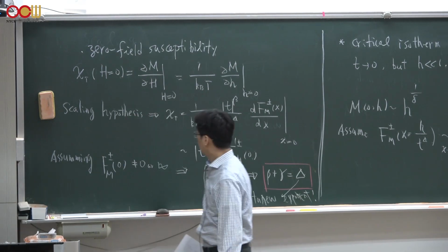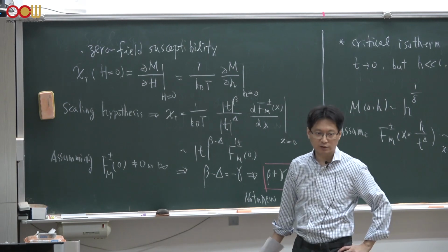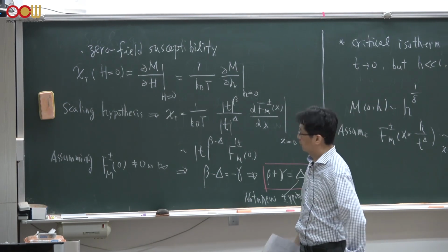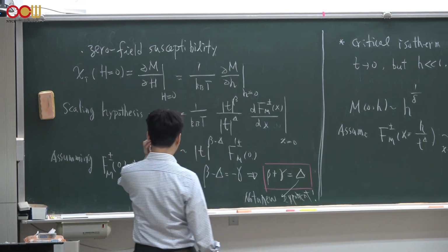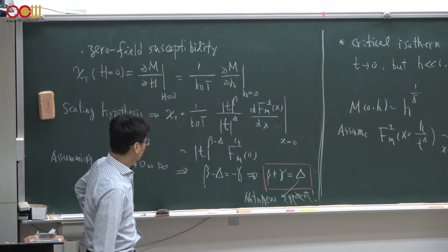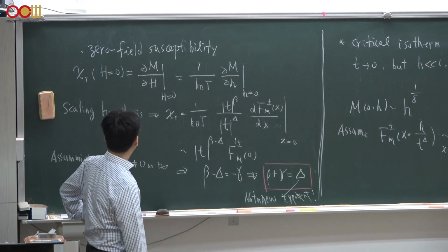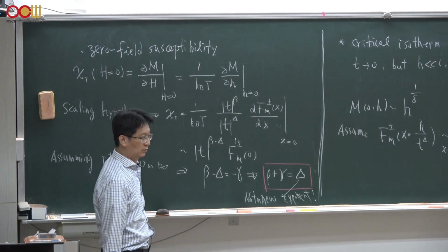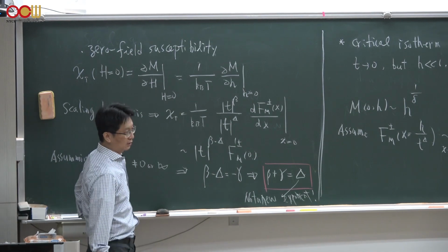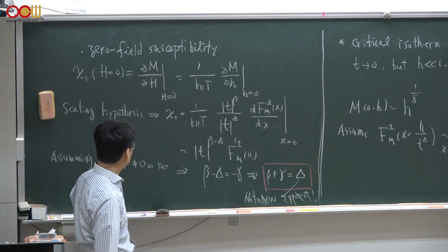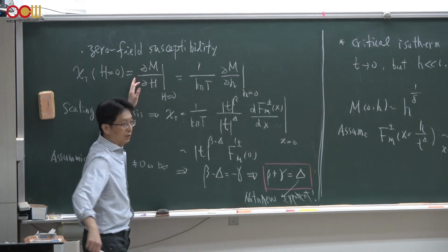So now we take this Widom's scaling hypothesis as a starting point for magnetization near the transition temperature and the zero field limit, and we could calculate all these critical exponents from these thermodynamic relations. The first quantity we could calculate is the zero field susceptibility, which is the partial m partial h.